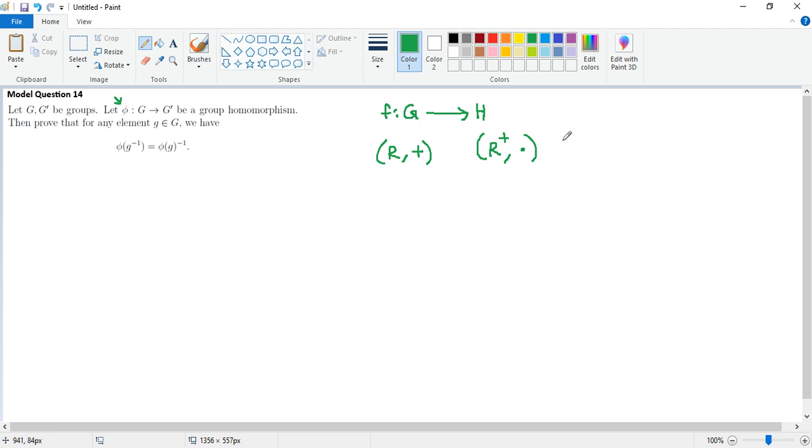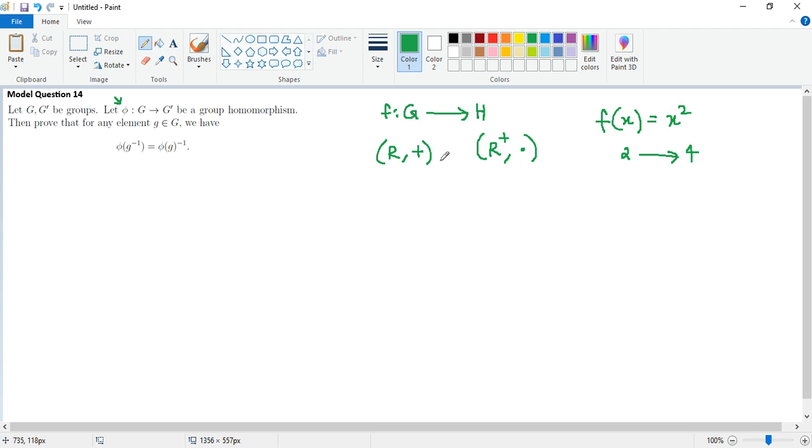What this function does is if I give an element x of G into the function, the output will be an element in H. For example, if f of x is x squared, then if I take an element like 2 in G, that element will be mapped to 4 in H, right? So that's what it means.